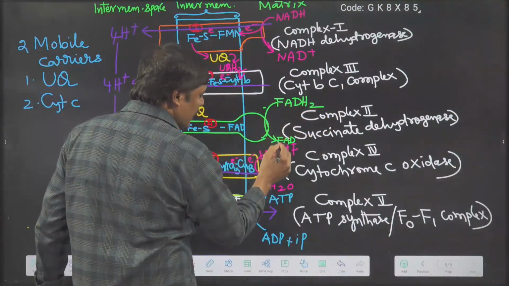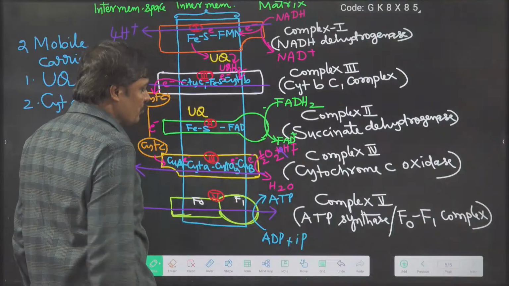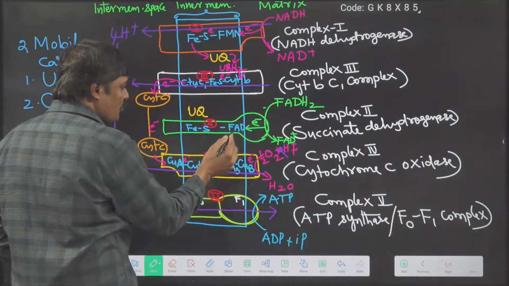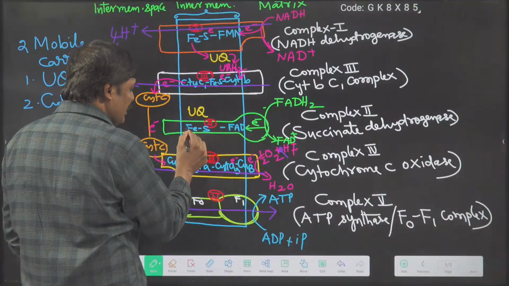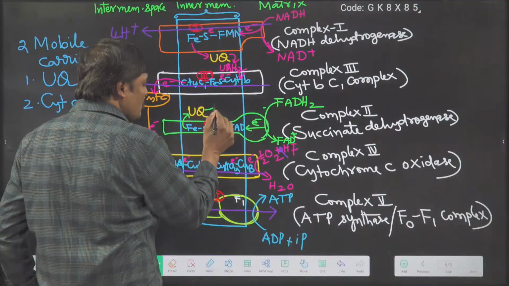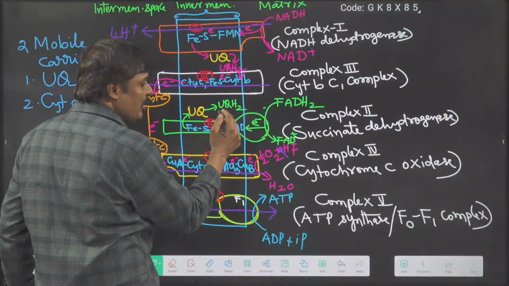FADH2 becomes FAD plus. FADH2 is oxidized in complex 2 and releases electrons. These electrons move into FAD, then the iron sulfur complex. From the iron sulfur complex to ubiquinone, so that ubiquinone becomes UQH2, ubiquinol.